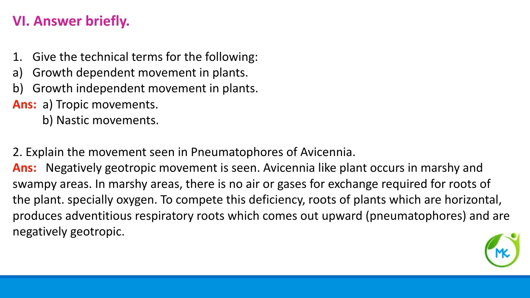Such respiratory roots in Avicennia, which come upward, are called pneumatophores and are negatively geotropic. The main thing to remember for this answer is that they are asking about the movement, which is negatively geotropic movement, but they are asking for the explanation, so you have to write the entire answer.